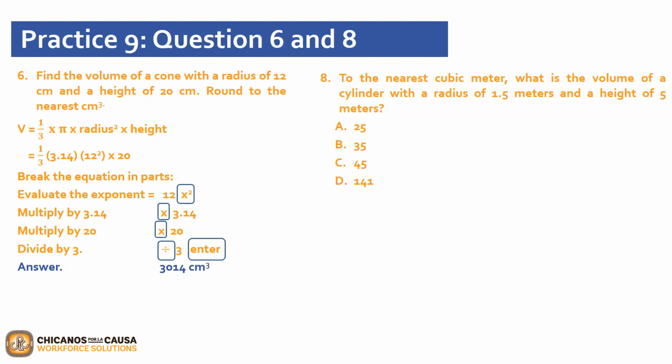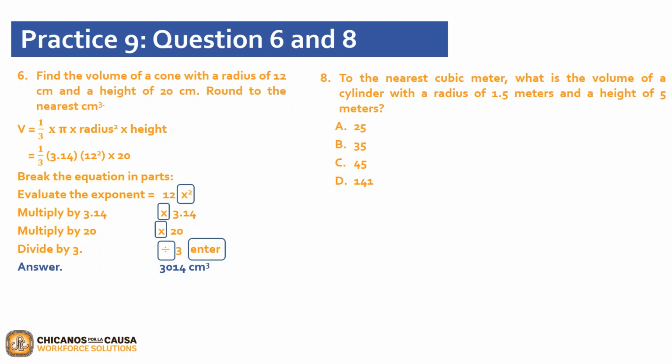Now, let's look at question 8. We are to choose the best answer. So let's read it together. To the nearest cubic meter, what is the volume of a cylinder with a radius of 1.5 meters and a height of 5 meters? So we need our formula first and foremost.